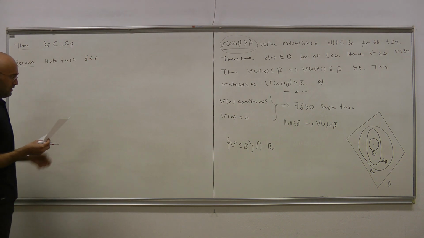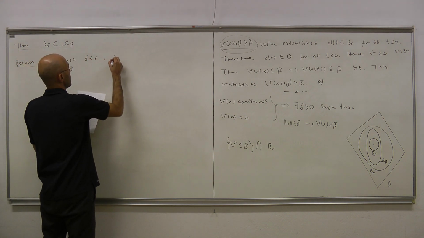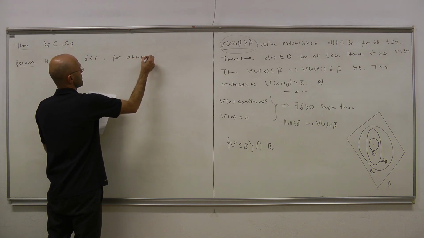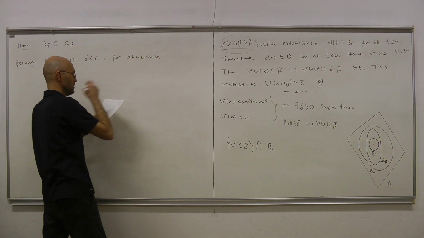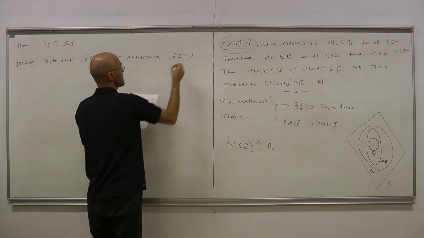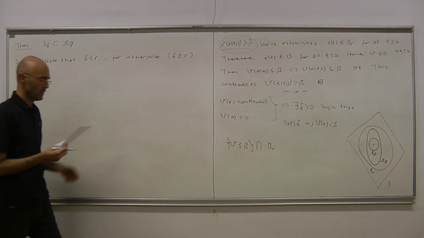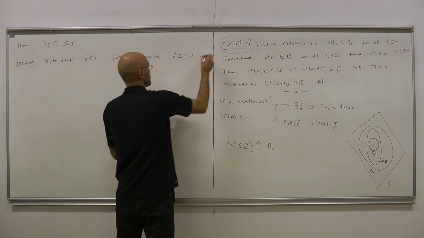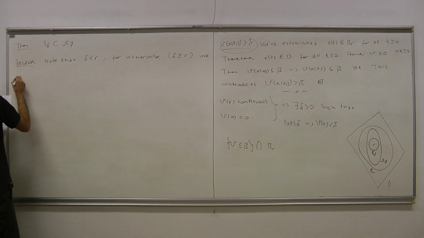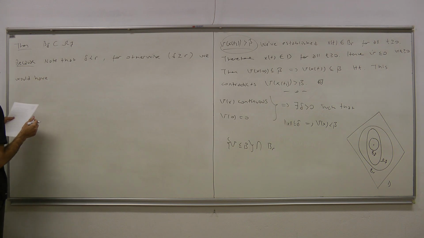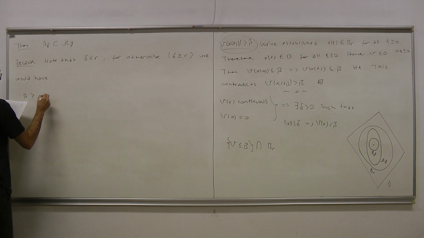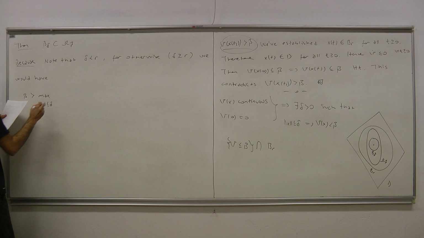Otherwise, suppose delta is greater than or equal to r, you would have the following contradiction. Beta is greater than the max over norm of x less than or equal to delta of V of x.